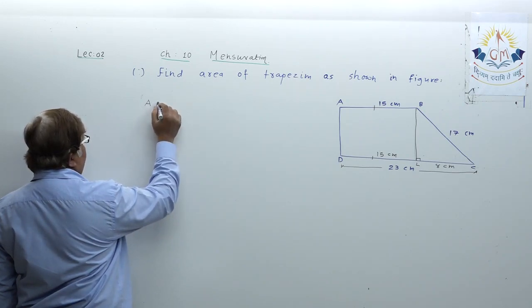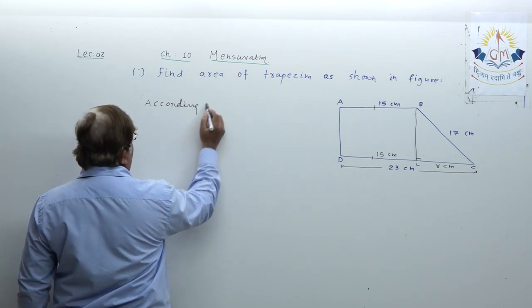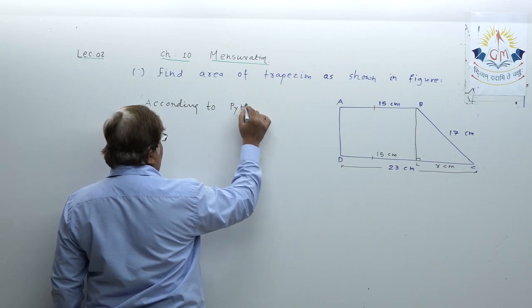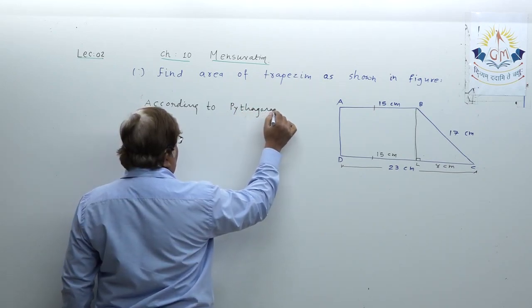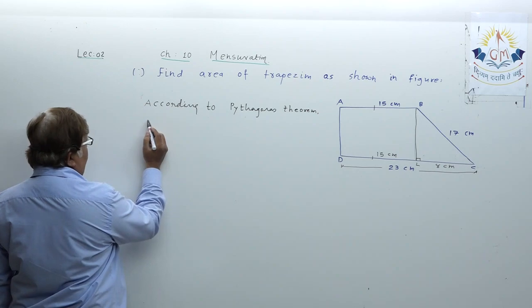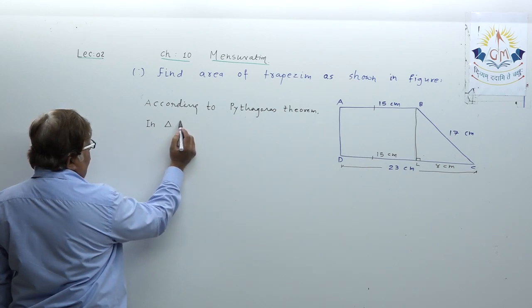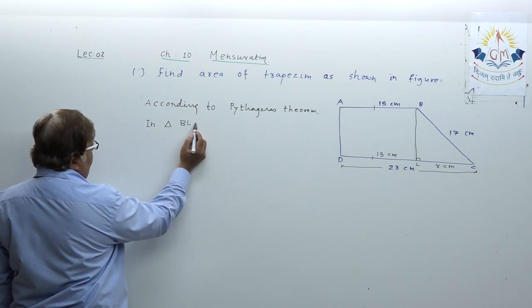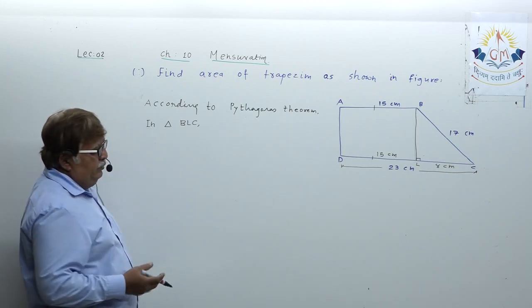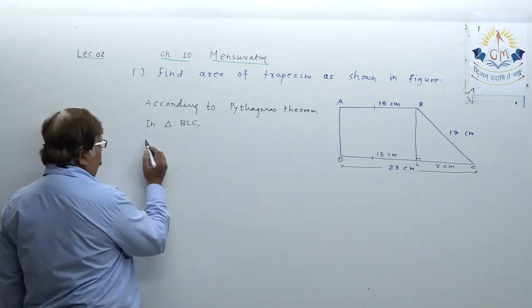According to Pythagoras theorem, in triangle BLC, and as you all know, and you should practice it more and more, we start from the hypotenuse.